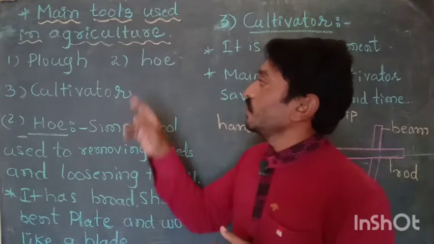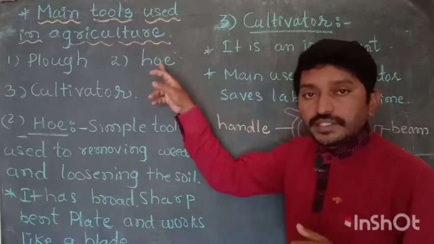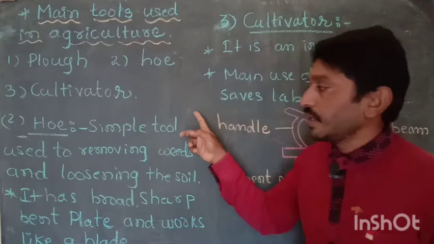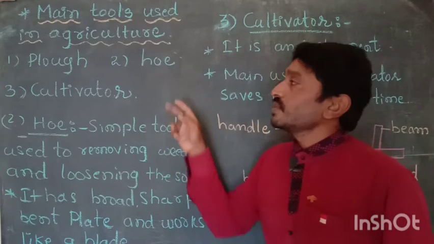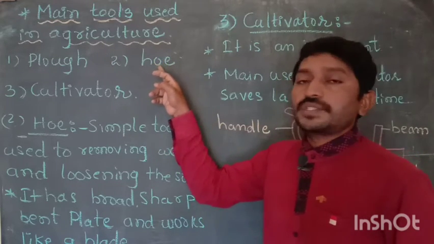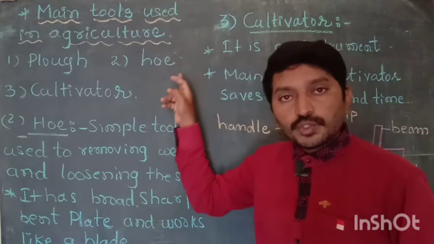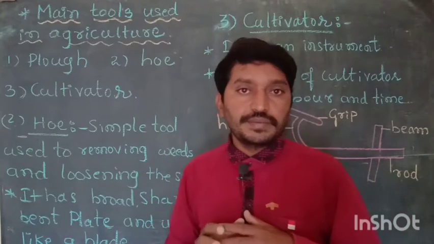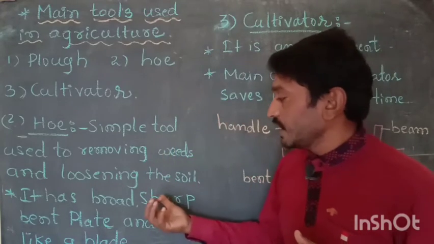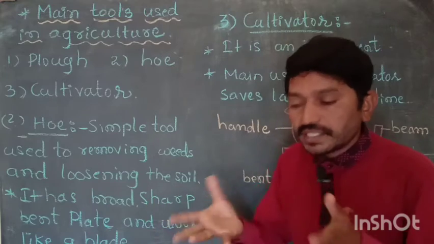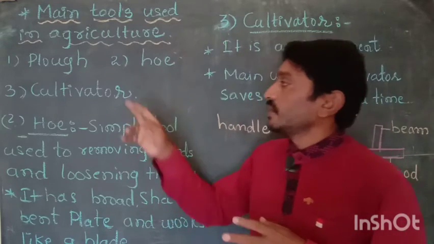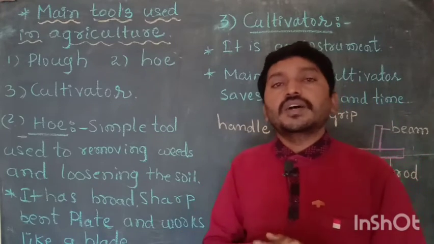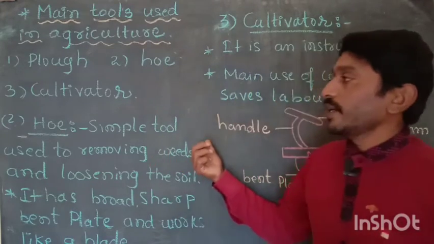The second one is the hoe. It is also a simple instrument or a simple device. What is the main purpose of using this tool? It is very useful for removing the weeds from the soil, as well as for turning or loosening the soil.